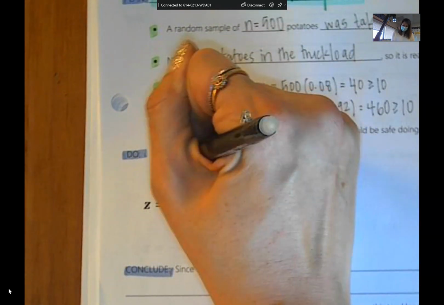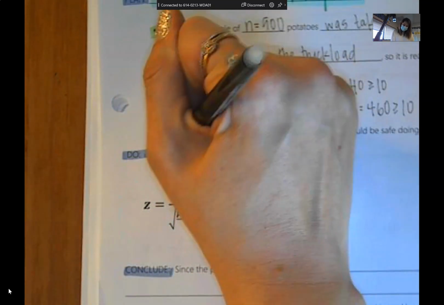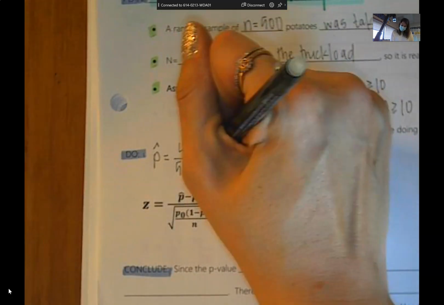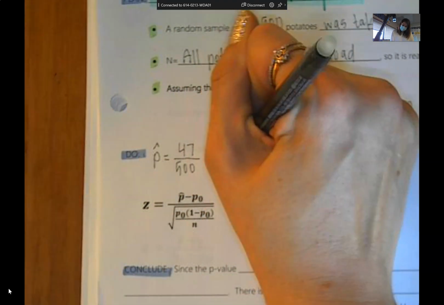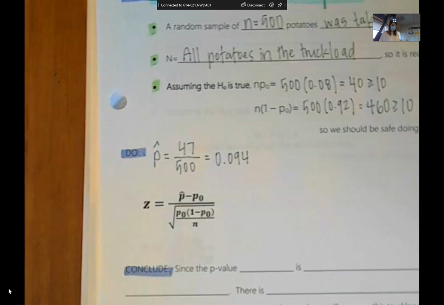Our sample of 500 potatoes had 47 with blemishes. That is the percent 0.094, so 9.4%.